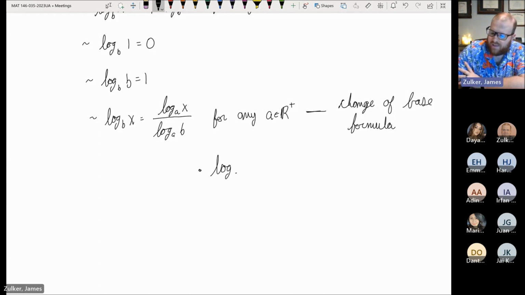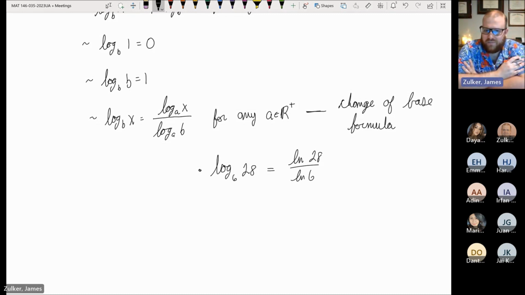Let's say you were asked for log base 6 of 28, and I want an approximation to that. What you could do is in your calculator, you go natural log of 28 over natural log of 6. Right, and that's how you get the approximation.